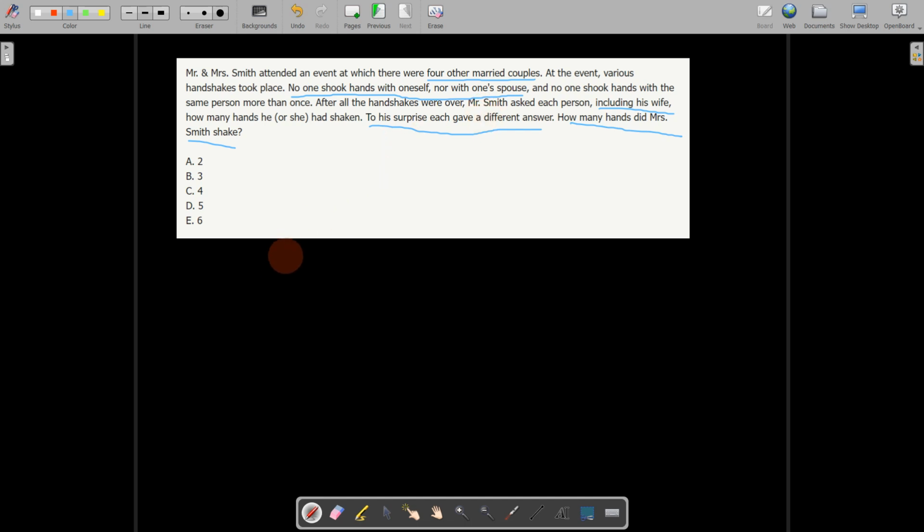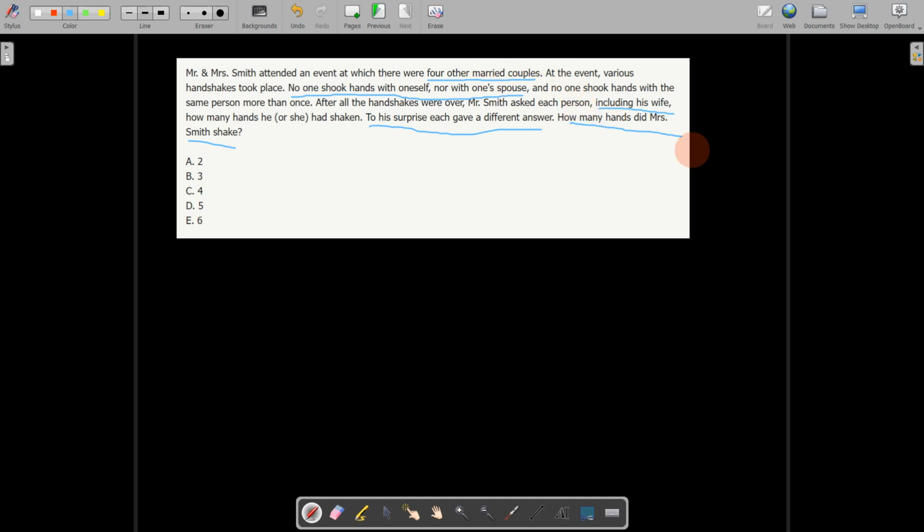I hope you understand. So we have to select 9 distinct integers because we have 9 people, the 8 married people and 1 wife, and its range is from 0 to 8. Why 8?